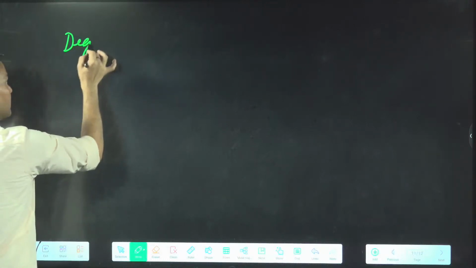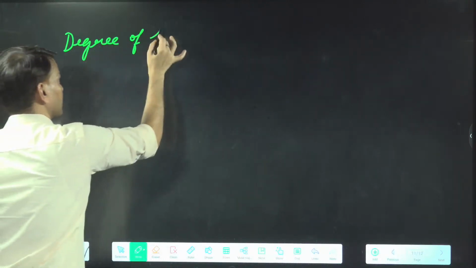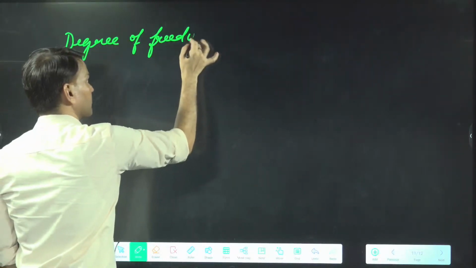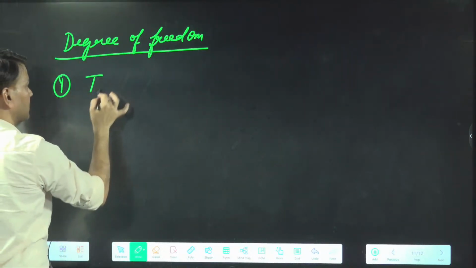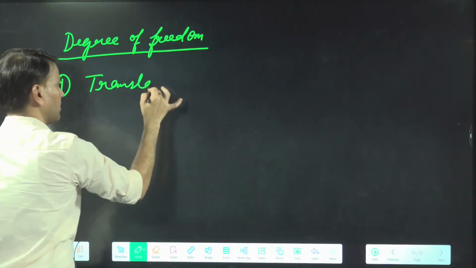So for the degrees of freedom we can say, translation mode is translation or linear motion.